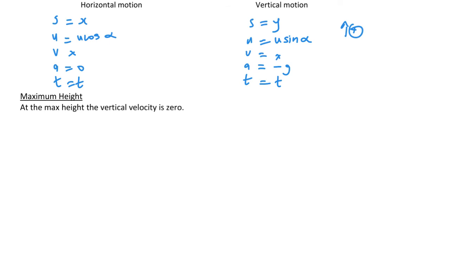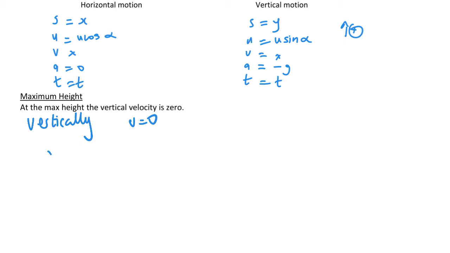Looking back at our horizontal motion and vertical motion general formulae that we worked out at the start, we can then use these for maximum height. At the maximum height, the vertical velocity is 0. So if we consider vertically, v will also equal 0.